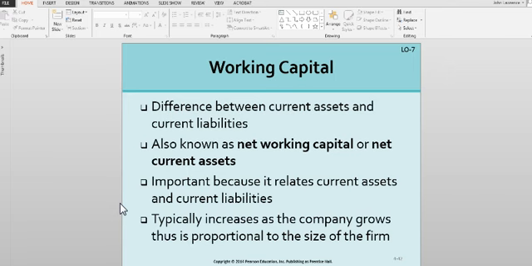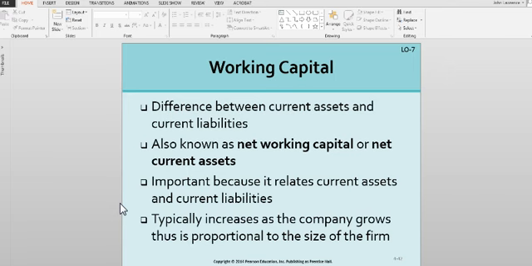So optimally, you want to be in a position where your current assets are significantly more than your current liabilities, which says that you have excess cash that you can use for other things over the next 12 months. If you're in a situation where your current liabilities, i.e. things that you need to use cash for, exceed your current assets, you need to think about how we are going to manage that.